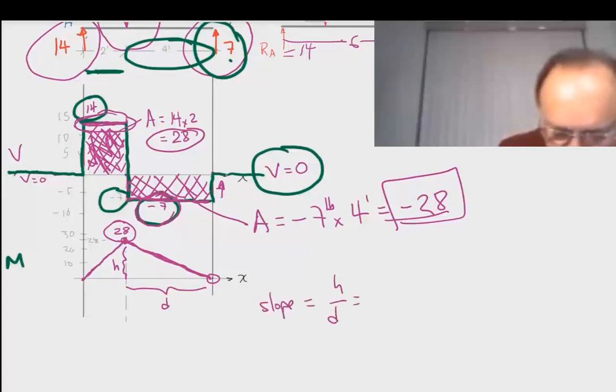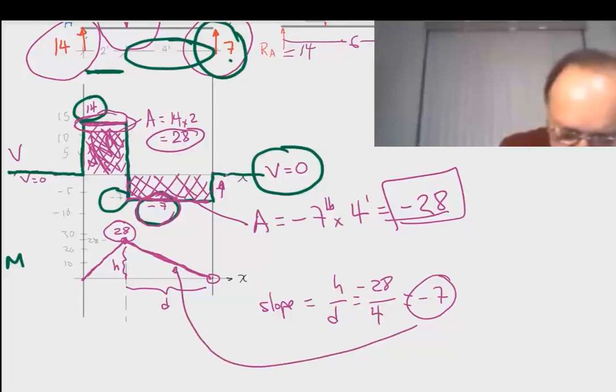In this case it will be 28 divided by 4, and it's negative 28 because it's going down. So it's -7. See, this -7 is the slope of this line, which is what the shear diagram is showing as the value of the shear on all that length.